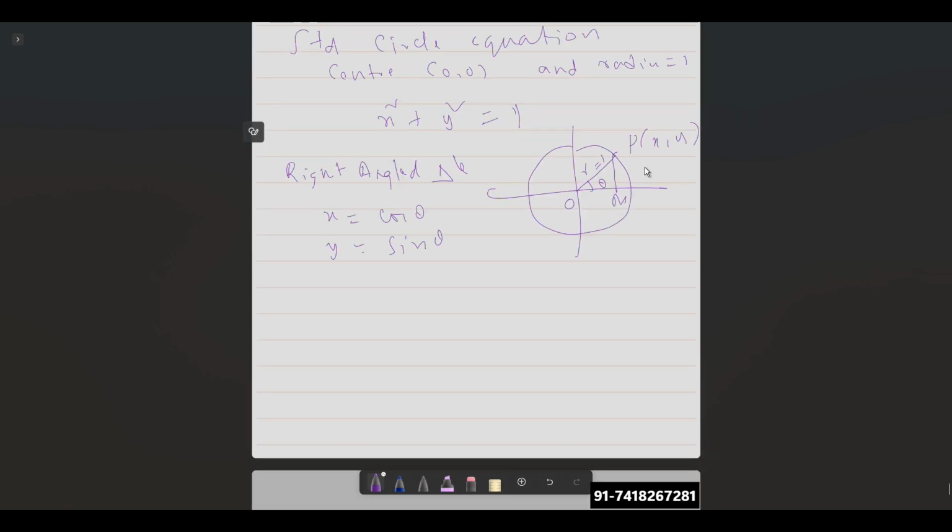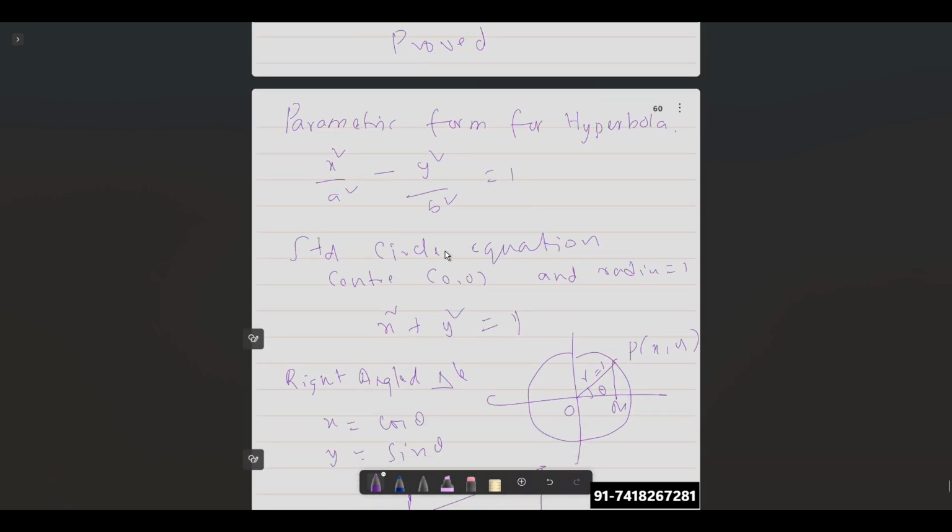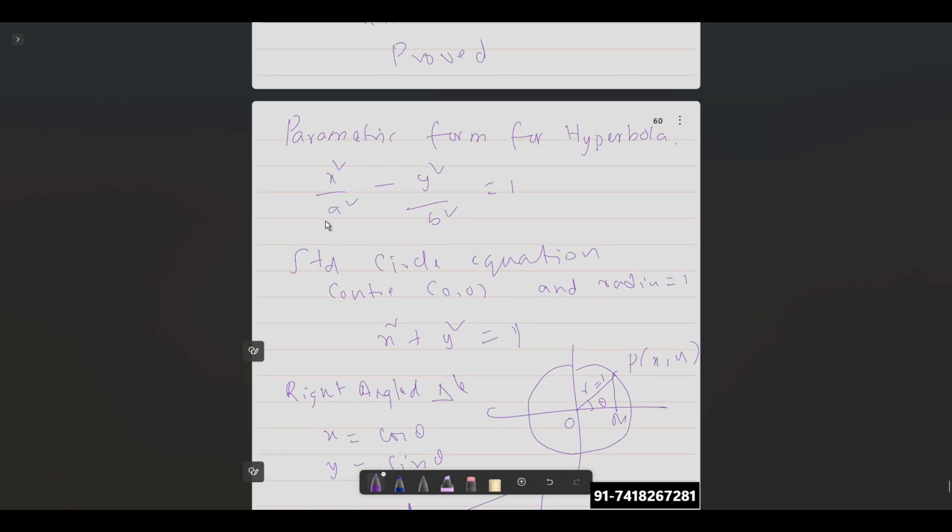So similar way here, let us consider this triangle. Since you have a triangle like this and 90 degrees, here your x is here, your y is here, and here is 1.